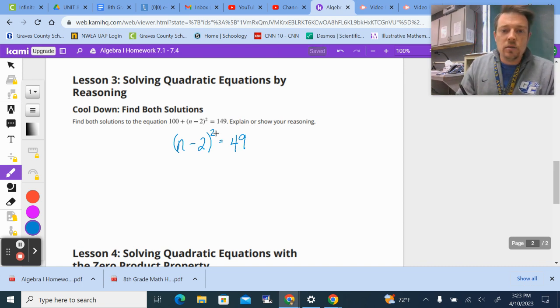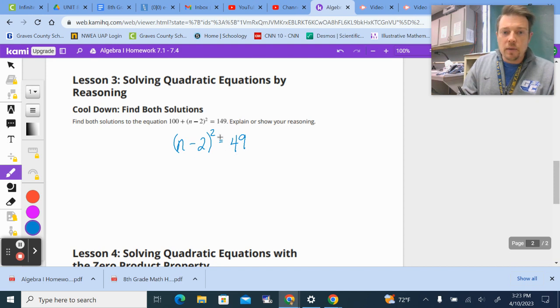All right, so n minus 2 squared equals 49. Well, 49 is a perfect square. So if I can just think of numbers that would replace n and would make this equal 49 when it got squared, I would be in good shape. Well, I would need this parenthesis to be 7, because 7 times 7 is 49, right?